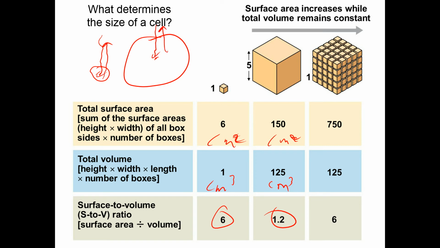Well, it's going to take a longer time for things to diffuse into the center of the larger cell than the smaller one. It's going to take a shorter time for things to diffuse out of the smaller cell than the larger one. So it has to do with how quickly materials can enter and leave that cell.